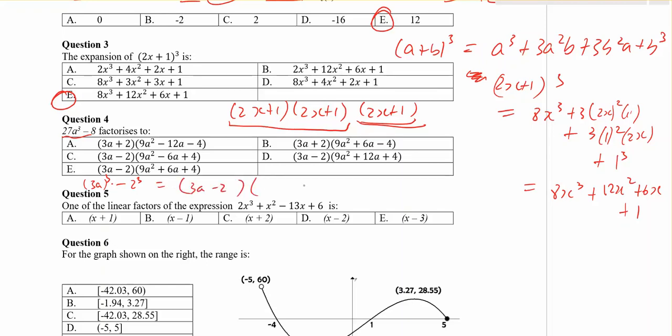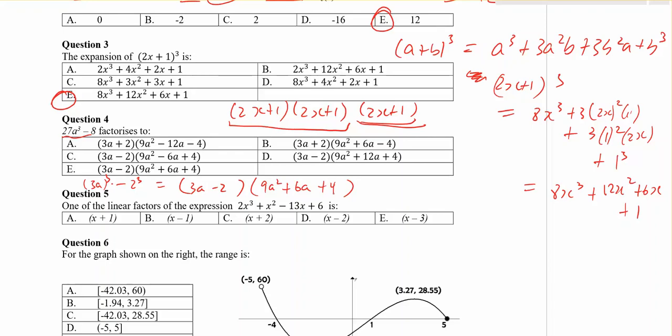Then you multiply, so there'll be a plus. You multiply the 3a with the 2, so you get plus 6a, and then you square the last term. So you square the 2. So 2 squared is 4. So your answer should be 9a squared plus 6a plus 4. 9a squared, so it should be E.